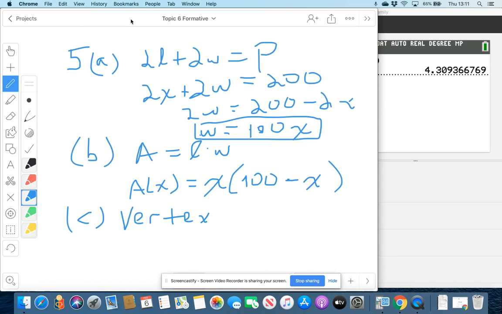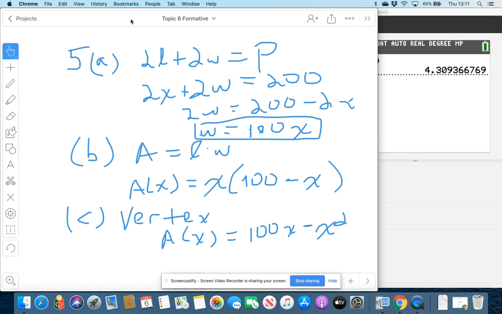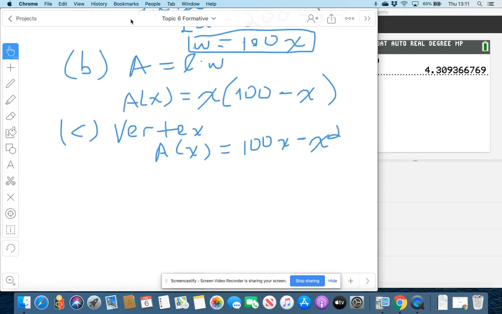So we might have to expand those brackets above so we can find out what a and b are: 100x minus x squared. It looks to me like a is negative 1 here, it's in front of x squared, and b is 100. So to find the vertex, it's where the axis of symmetry is.